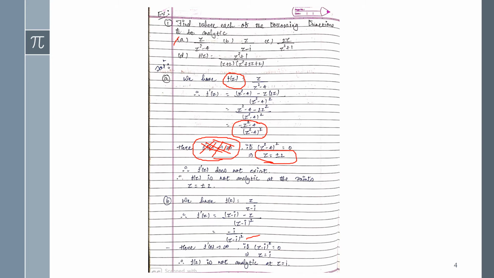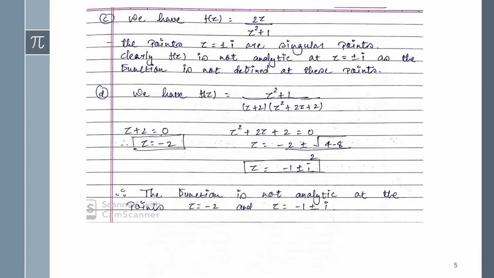So of course we can say that at the point i, the given function is not analytic. So at i this function is not analytic, and except i, it will be analytic.